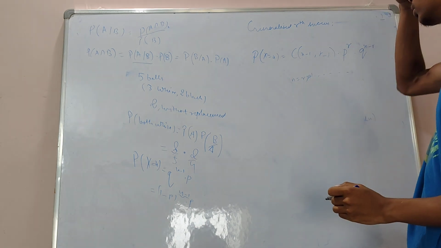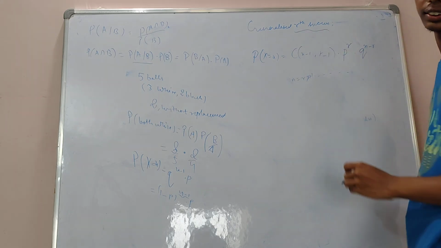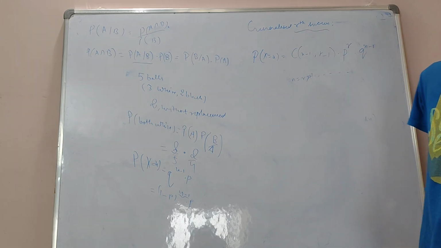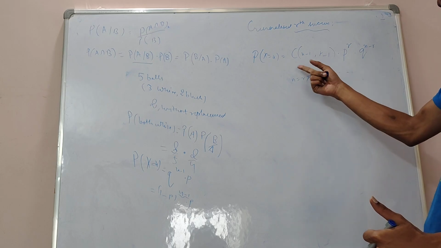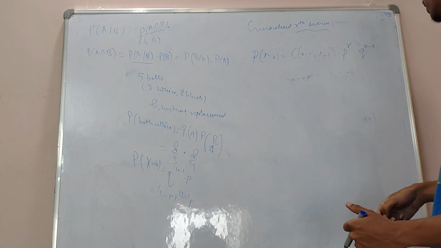So this is for the rth success. Suppose there are n minus 1 failures, then the rth success is given as this.